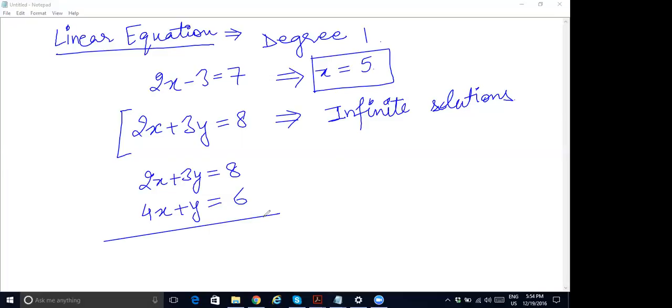Let's see. Should we multiply the second one by... one sec. 4x plus y is equal to 6. 2x plus 3y is equal to 8.